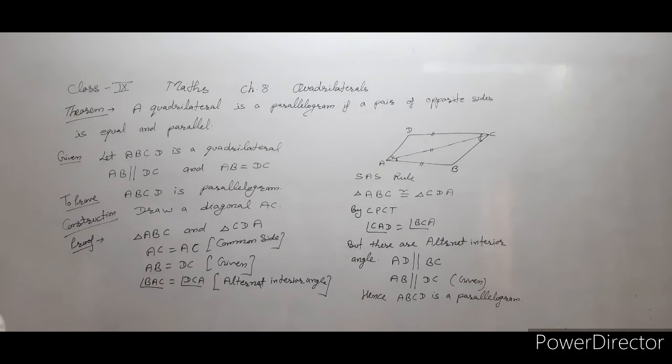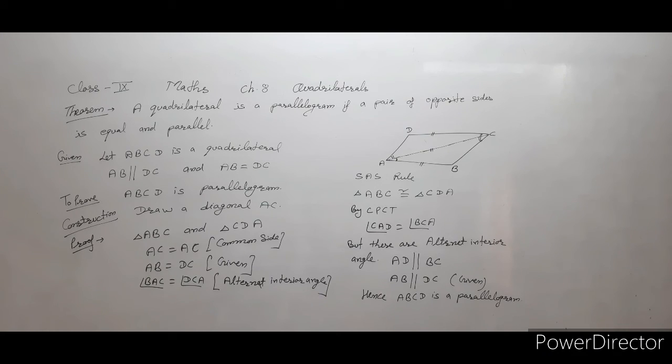That is our proof. So in this quadrilateral chapter we studied some properties of parallelogram. We completed our theorems related to properties of parallelogram. Now we know some properties of parallelogram. First, opposite sides are equal and parallel. If any quadrilateral has opposite sides equal and parallel, then it is a parallelogram, and if it is a parallelogram, then opposite sides are equal and parallel.